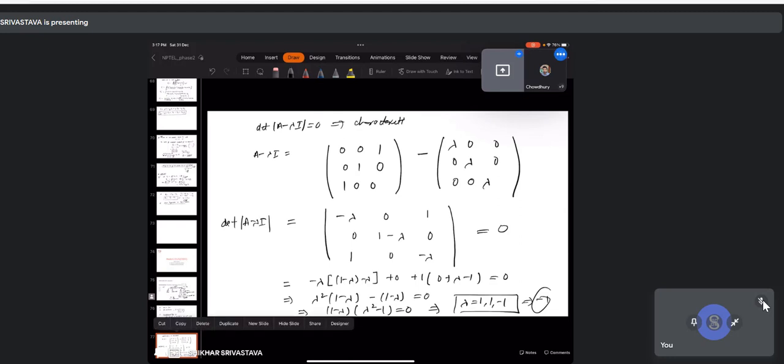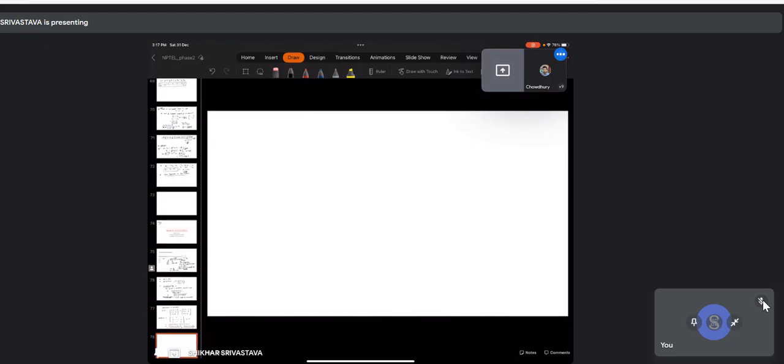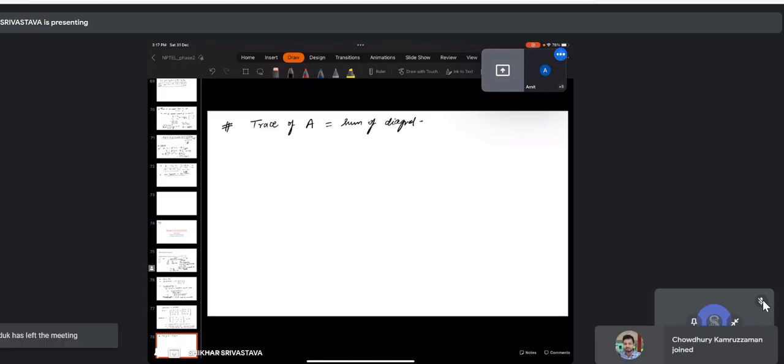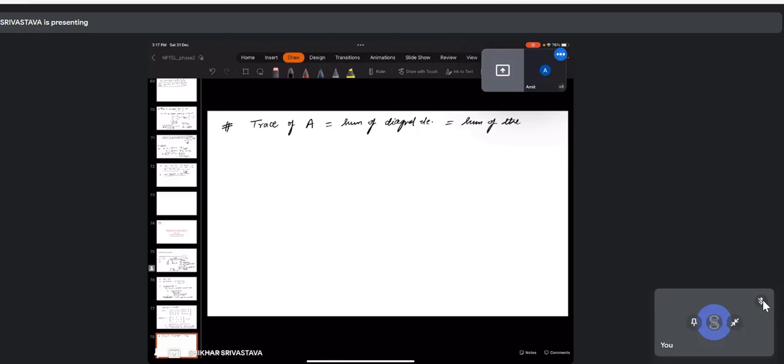So a couple of very handy properties to know: suppose you have some matrix A, then the trace of that matrix A, which is nothing but the sum of the diagonal elements, is equal to the sum of the eigenvalues of that matrix.